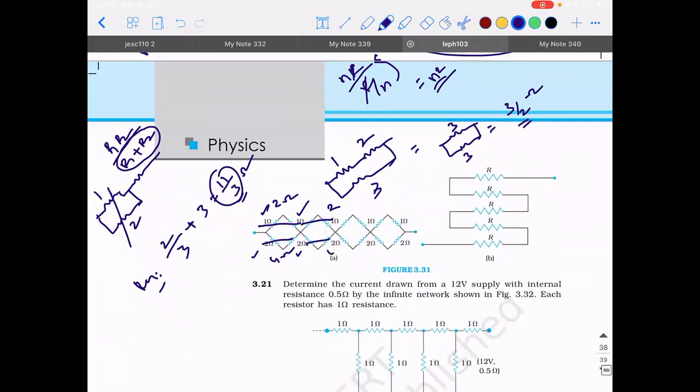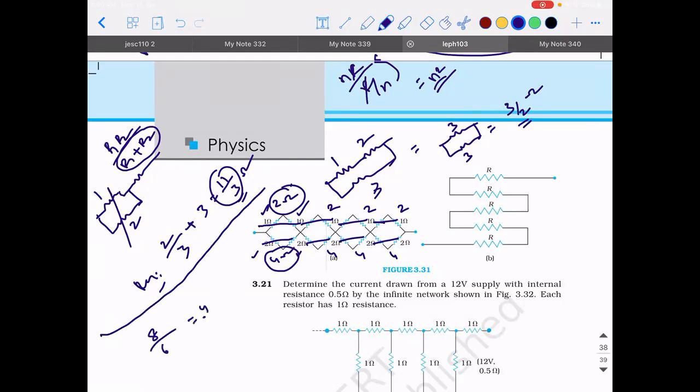Similarly, 2, 4, 2, 4, 2, and 4. Now this 2 and 4, how are they connected? They are in parallel. So what will be the value of R equivalent for this first quadrilateral? R1 R2 divided by R1 plus R2, so it will be 4 by 3.